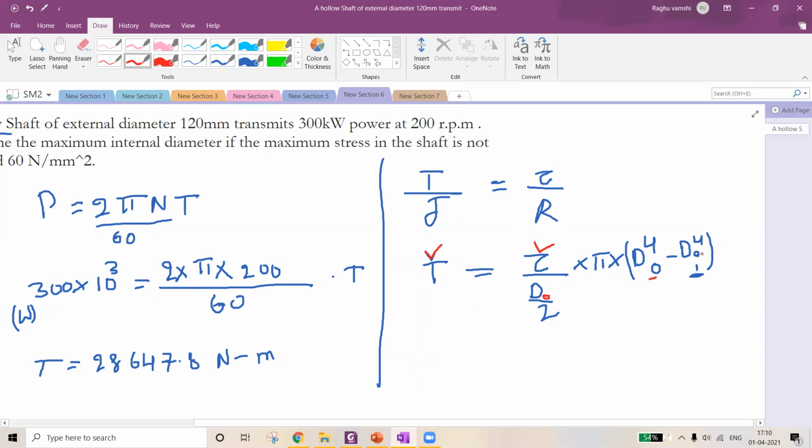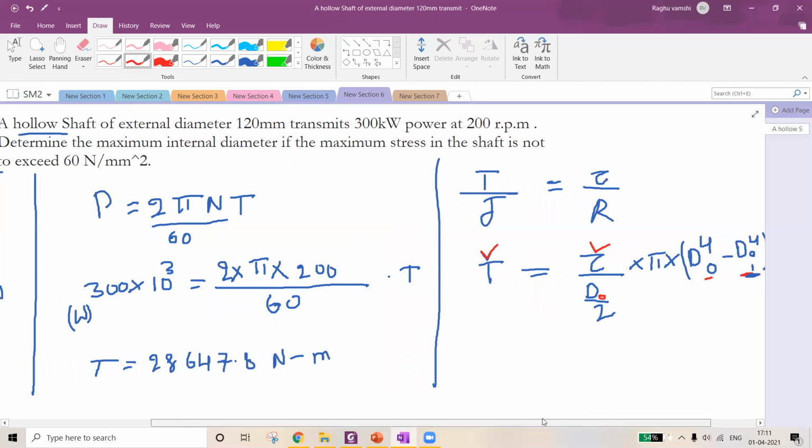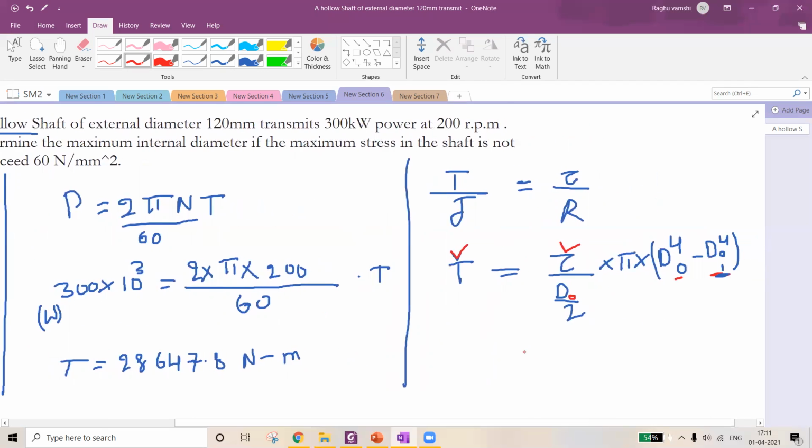So substitute everything here and you will get the answer: D inner equals 122 mm.